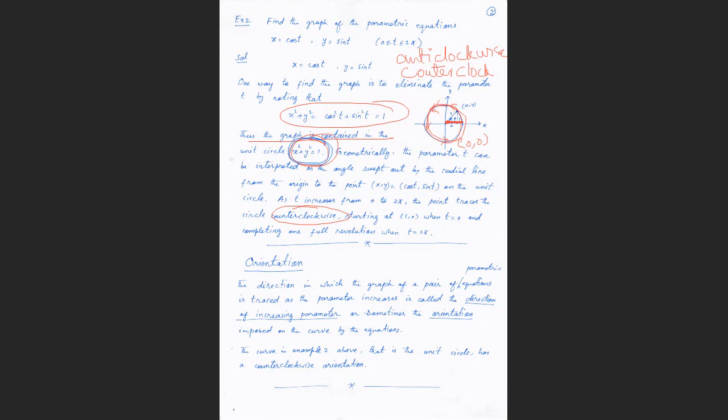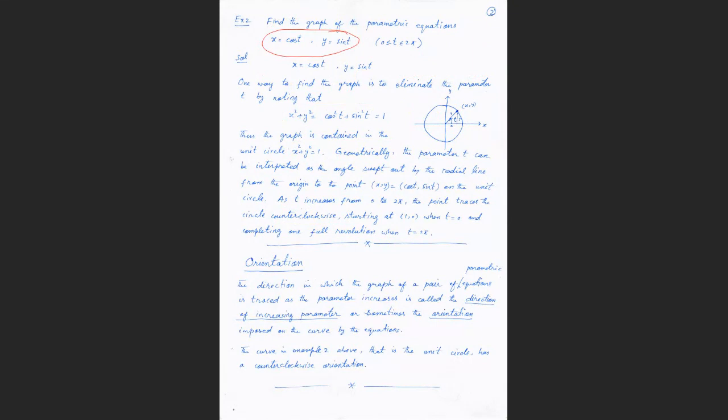So this is the second example. From the parametric equations we can easily draw graphs. Before we had the linear equation, now we have sine and cosine trigonometric equations.